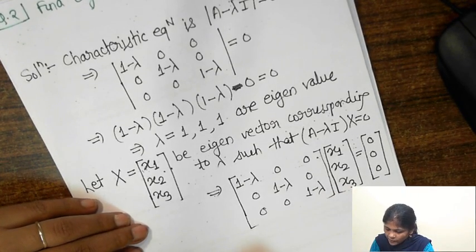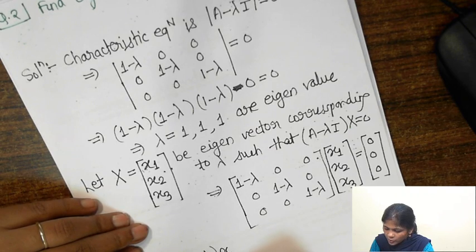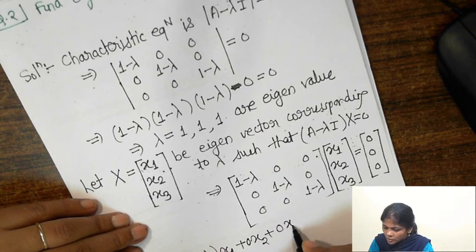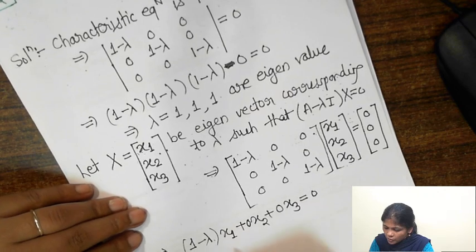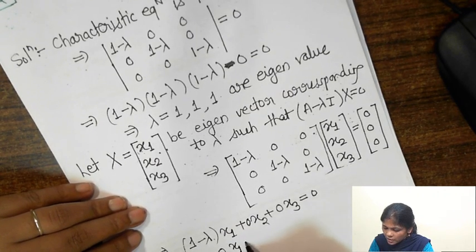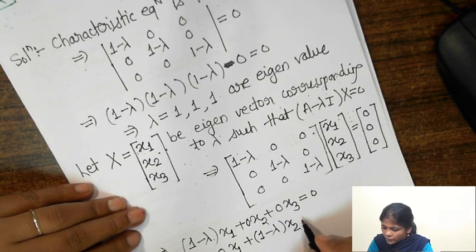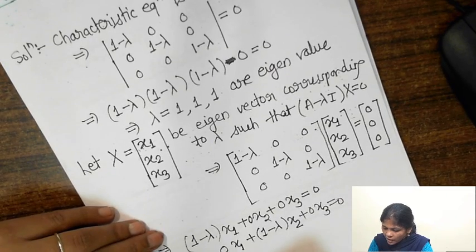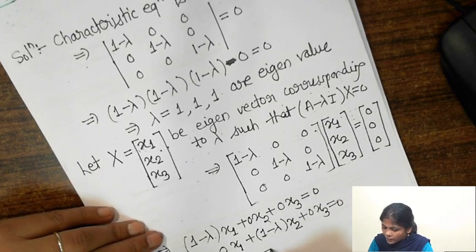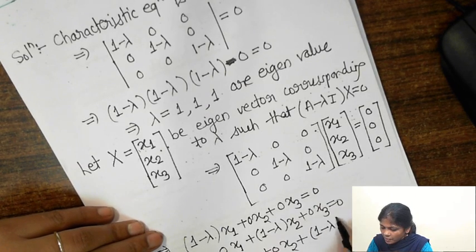The very first equation is (1 minus lambda) x1 plus 0x2 plus 0x3 equal to 0. The next equation is 0x1 plus (1 minus lambda) x2 plus 0x3 equal to 0. And the last one is 0x1 plus 0x2 plus (1 minus lambda) x3 is equal to 0.